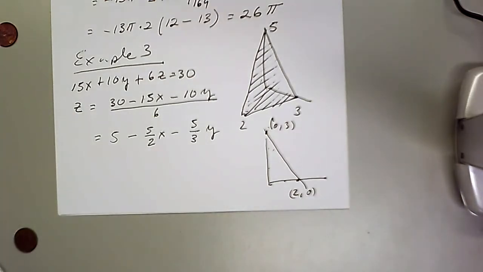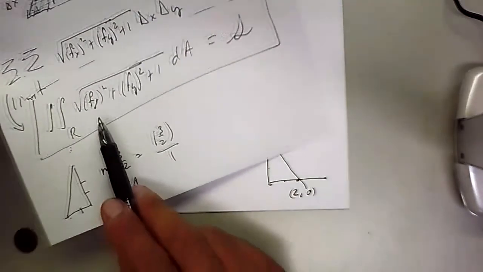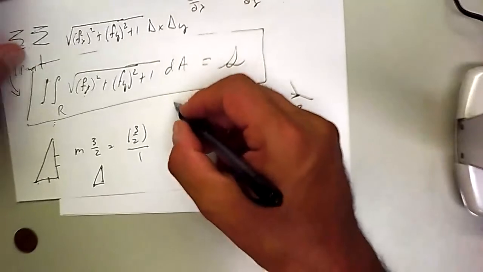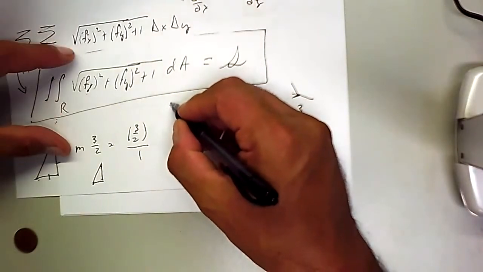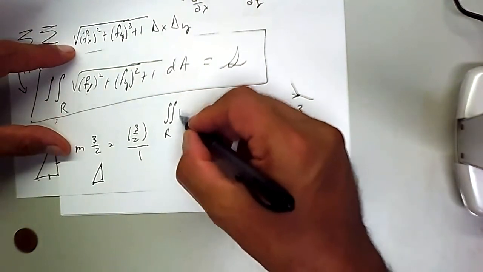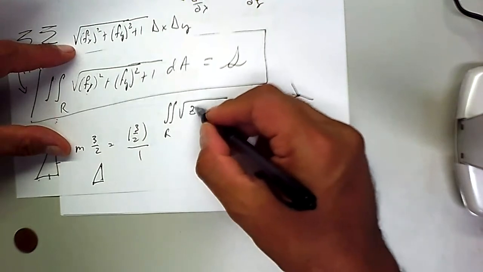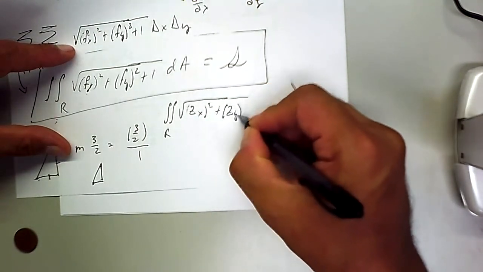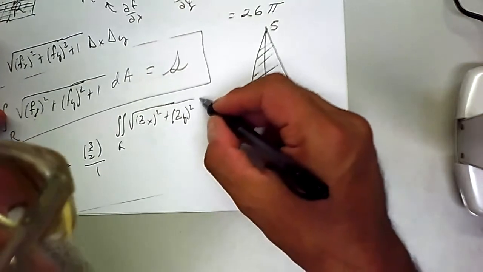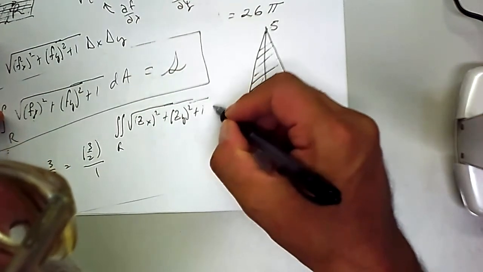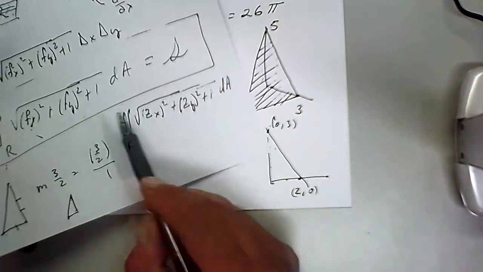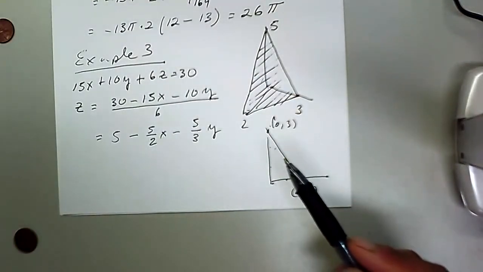Remember, the formula includes partial of f, or you can have z instead. Let me write down the formula down here. In terms of z, you could have the double integral over the region, square root of z sub x squared plus z sub y squared plus 1 with respect to the area. So whether you use f or z, same difference.